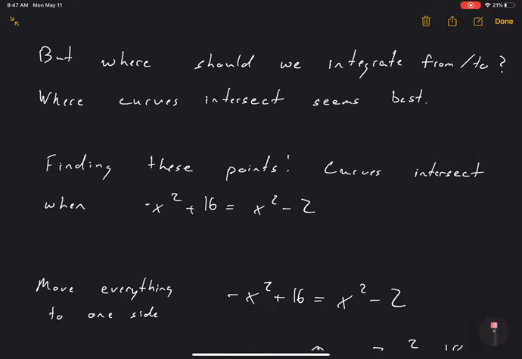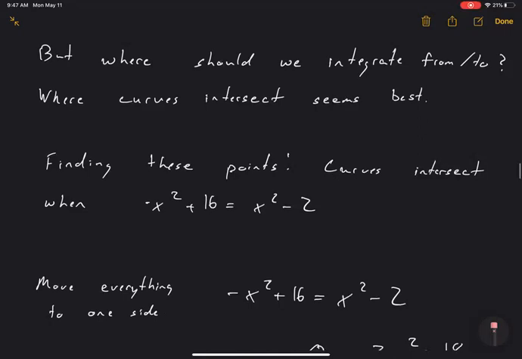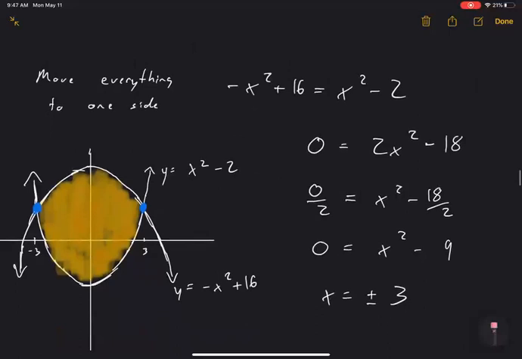So I want to move all my x's and constants over to the same side, and then I should have 0 on one side, 0 equals some function. Okay, so let's go ahead and move everything to one side. I move everything to the right side. On the left side, I'm just left with 0.